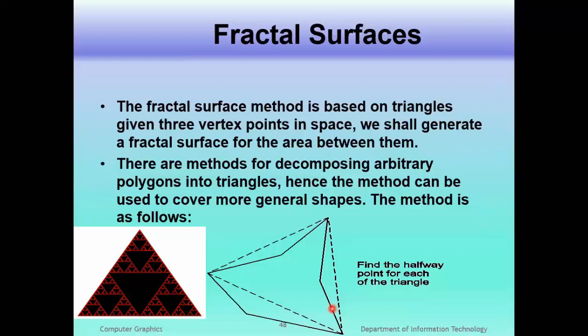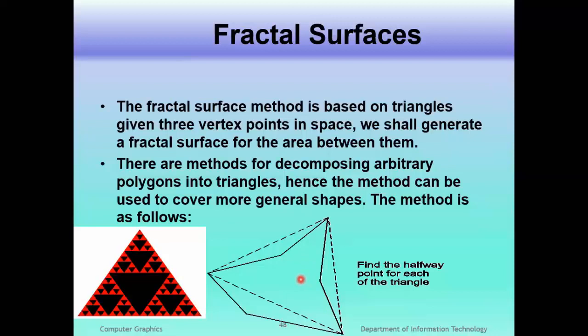There are many ways by which we can do this. Here we will see some method which is based on triangle. We know that a triangle has three vertex points. We can generate a fractal surface for the area between these three vertices as shown in this figure.